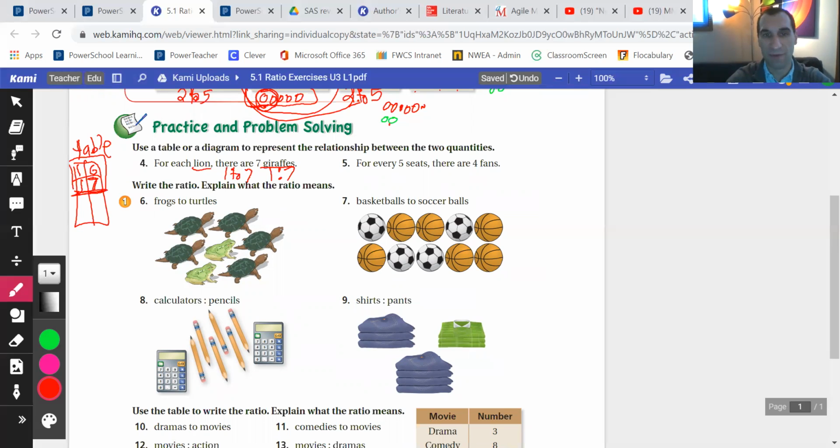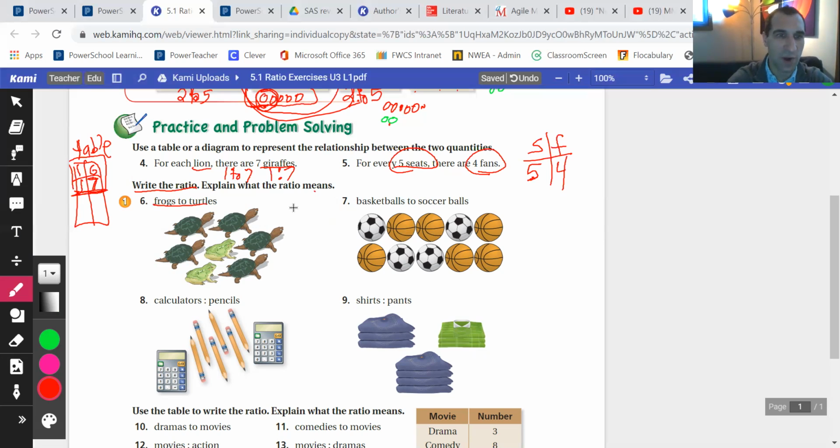For this one, for every 5 seats, there are 4 fans. So you would have seats to fans. And for every 5 seats, there are 4 fans. This is what your ratio table would look like. Write the ratio, explain what the ratio means. So frogs to turtles.